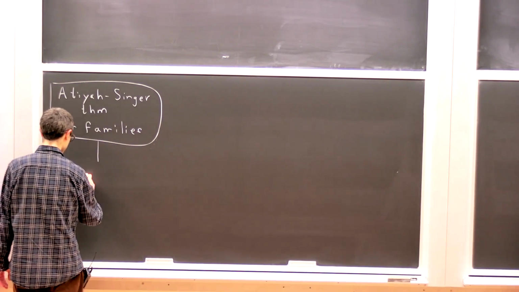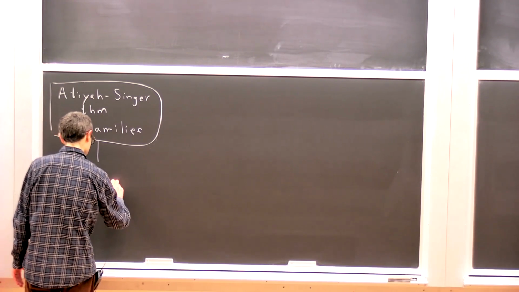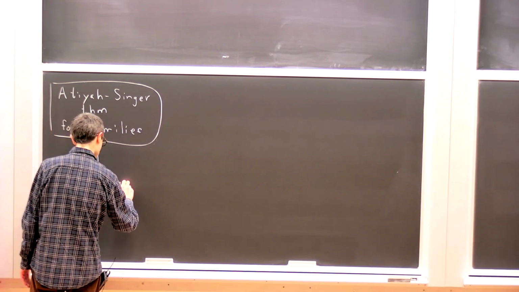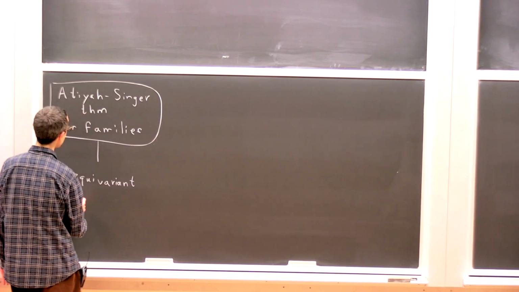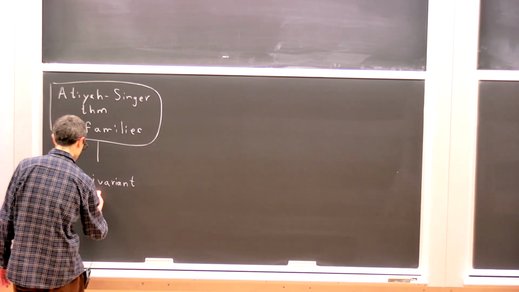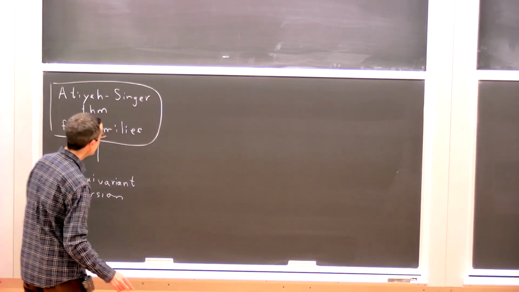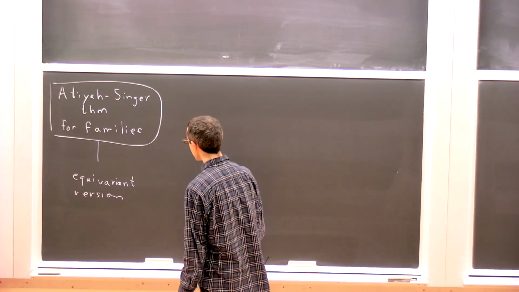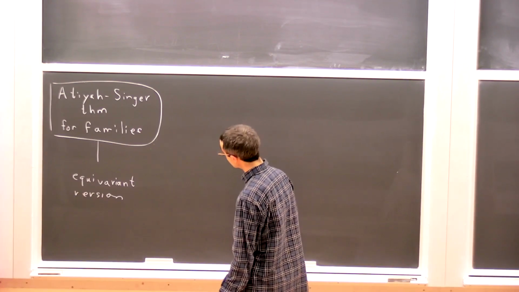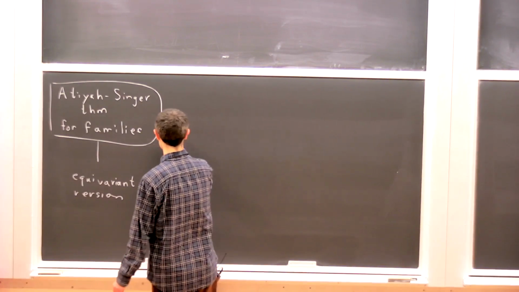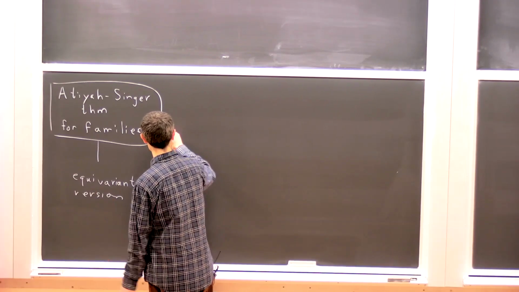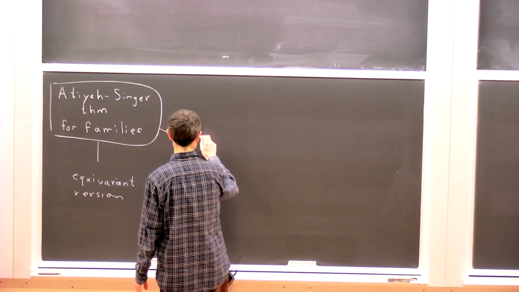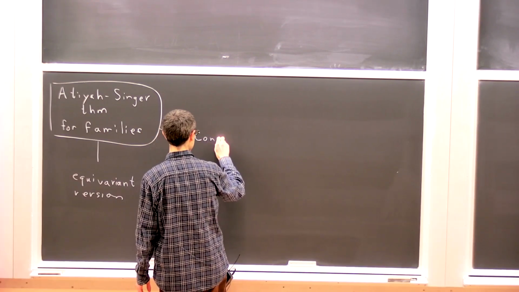For the case where you have, say, a compact Lie group acting on your manifold, and then people have tried to generalize this in various ways. So again, this is not exhaustive at all, but in terms of the story I'm going to tell, one relevant result is a work of Kahn.